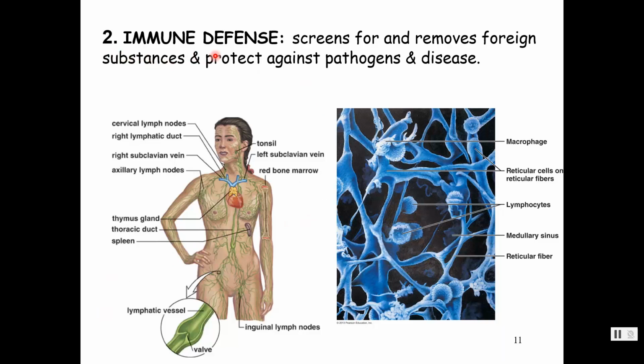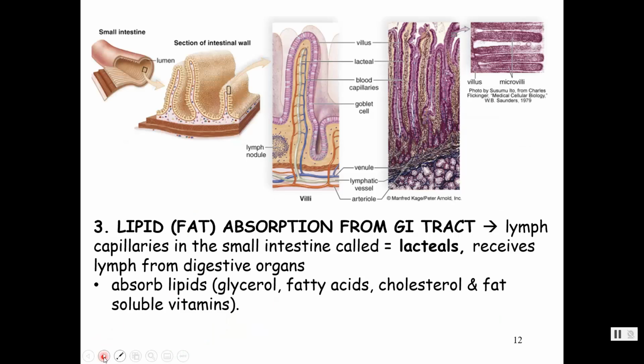We also know the second role is for immune defense. So screen for, remove foreign substances, and protect against pathogens and disease. This function is kind of an oddball function, and it's going to come up again in Unit 4. So this is showing the small intestine, which is where all our nutrients are absorbed. It is an organ with a high surface area, so it has villi and microvilli. But these little fingers are called villi, and this is a villus. In each villus, this thing right here, notice it's green, it is what's called a lacteal.